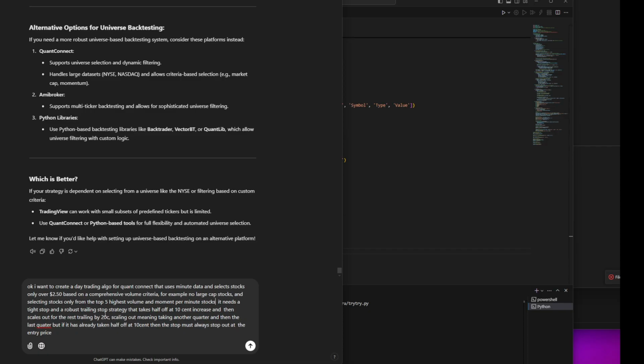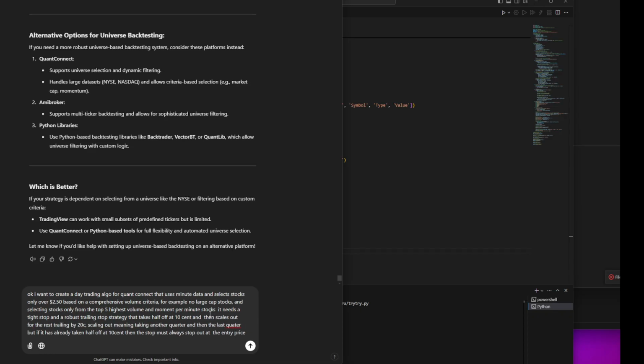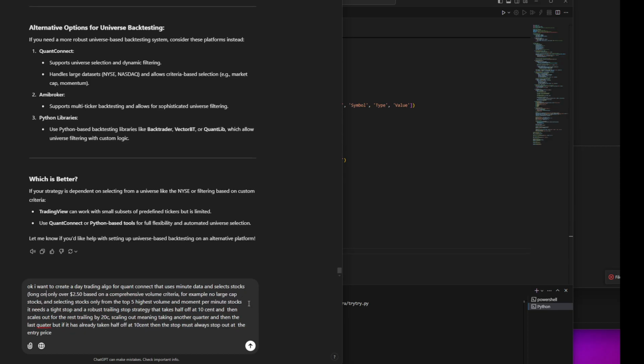It needs a tight stop and a robust trailing stop strategy. It takes half off at 10 cents. I also want to say go long only, no shorting.